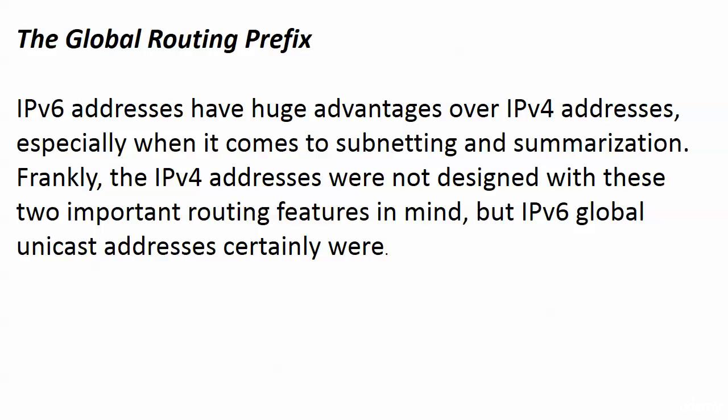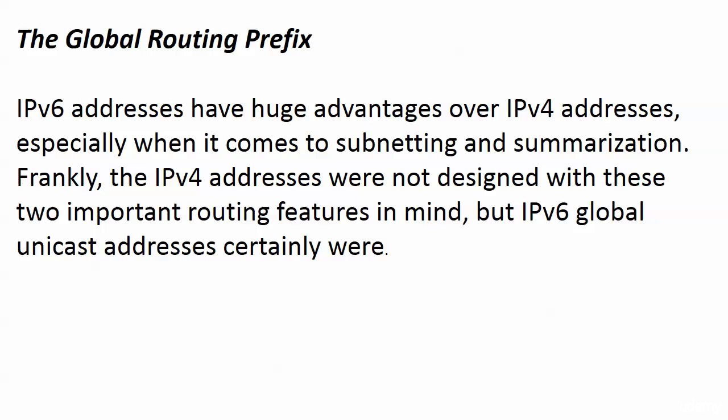So we really like that because what do we always want to do with our routing tables? Keep them complete and concise. And the conciser we can keep them, the faster the overall routing goes. Now the reason I mentioned this here, and I believe in the previous video, is that version 4 really wasn't developed with subnetting and summarization in mind. You can do it. We've already done the subnetting.